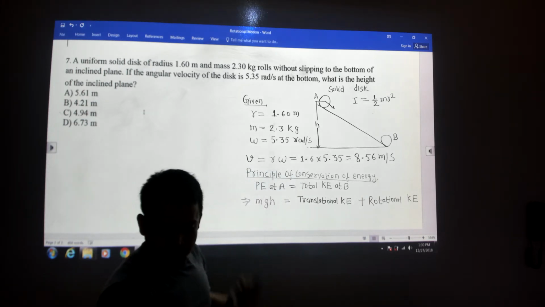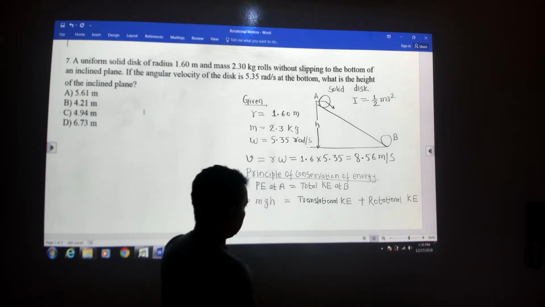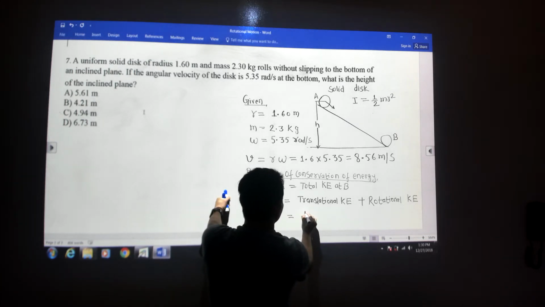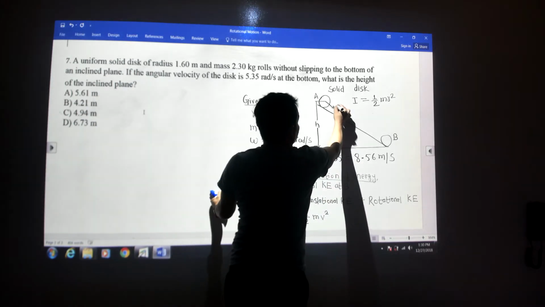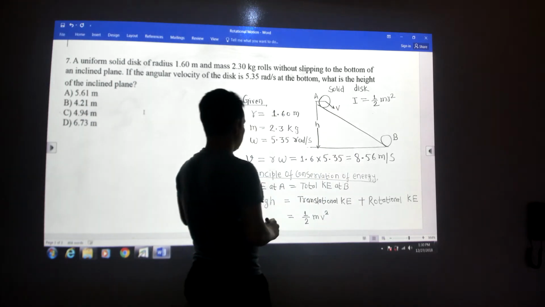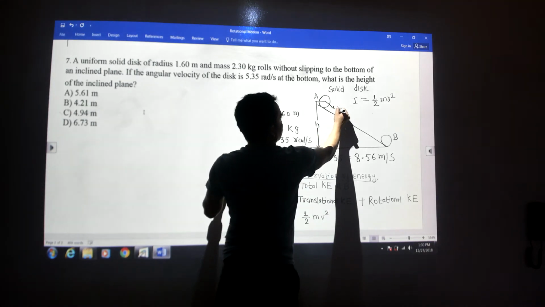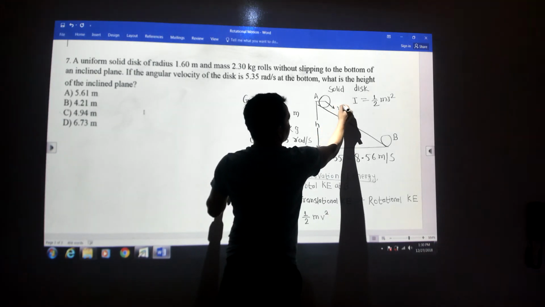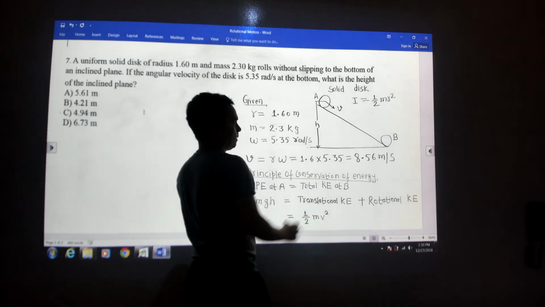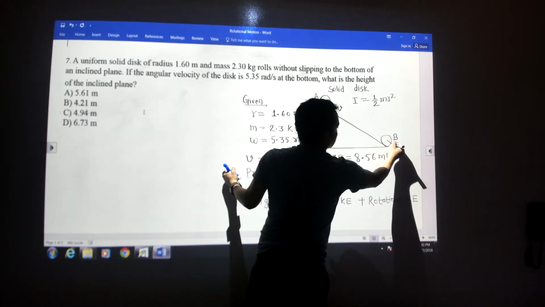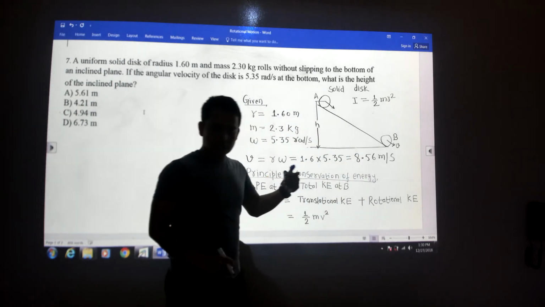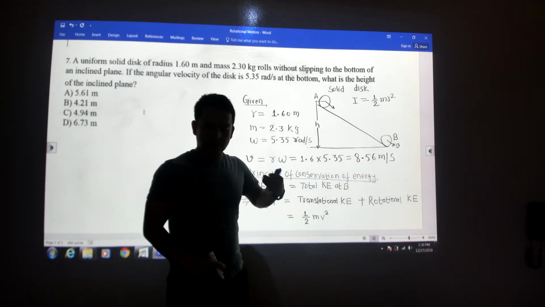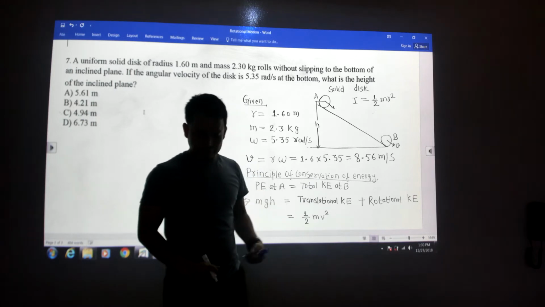So we know that the translational kinetic energy is equal to half m v squared. And this is the v here. Once it rolls down, the center of mass moves with this velocity v.